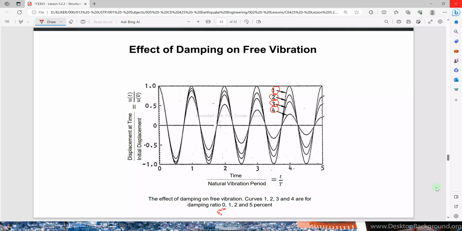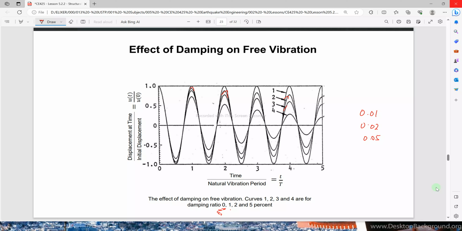This undamped system, curve 1, maintains its motion. It maintains its frequency throughout time. Now curves 2, 3, and 4 have differing damping ratios: 1%, 2%, and 5%, that is 0.01, 0.02, and 0.05. You notice the difference when there is 1% damping, this second curve here.